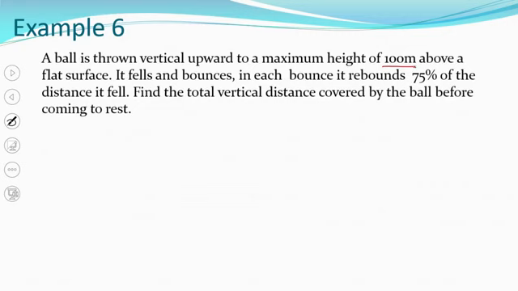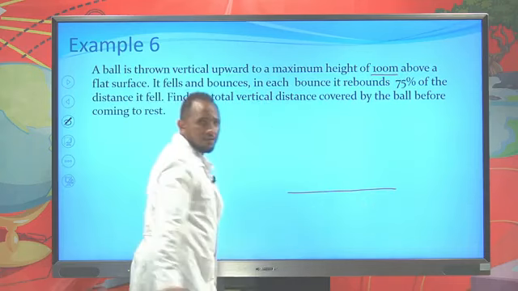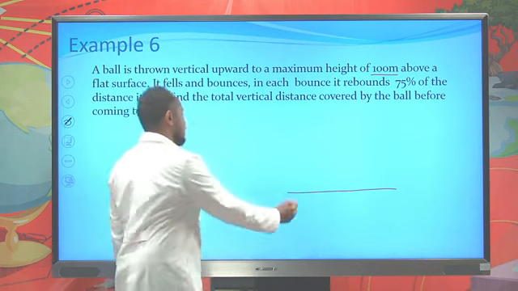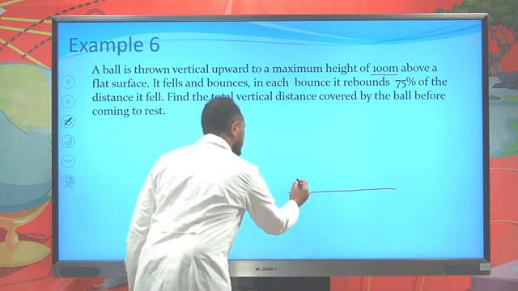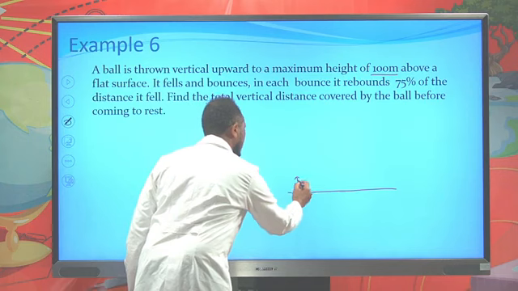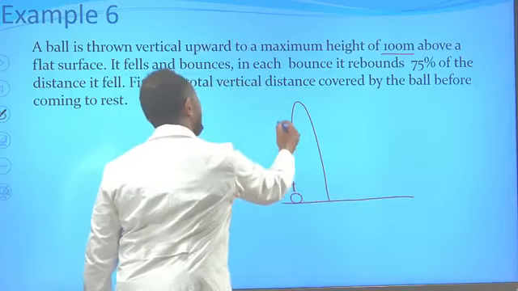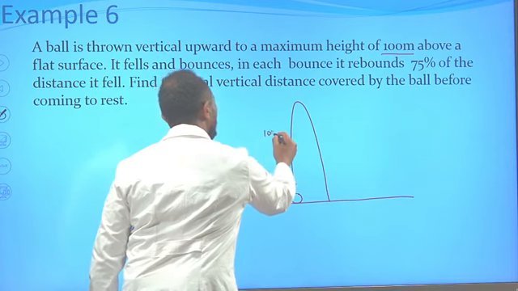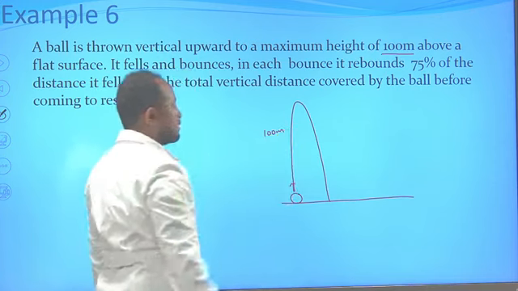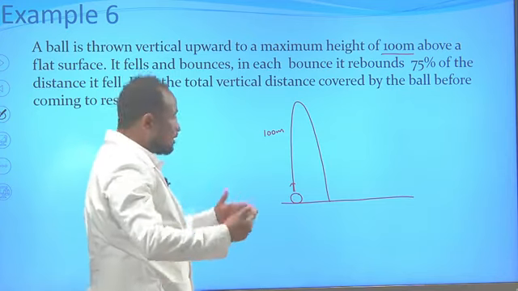So look, this is a flat surface. A ball is just thrown up; it moves up and falls. The maximum height here is given to be 100 meters, and then it rebounds.